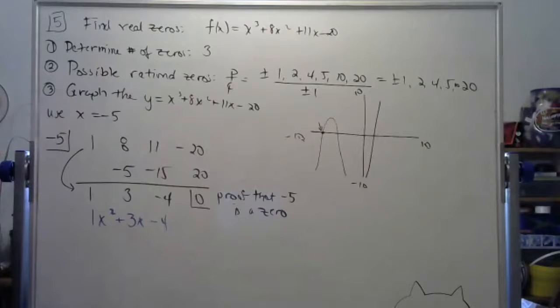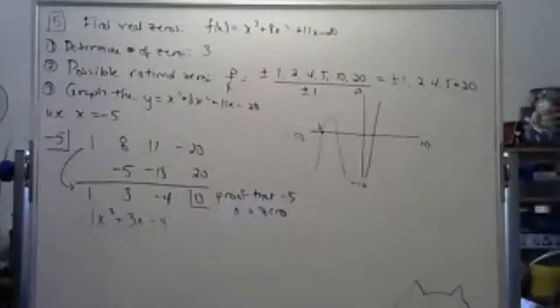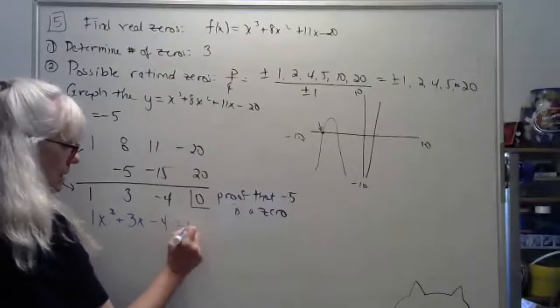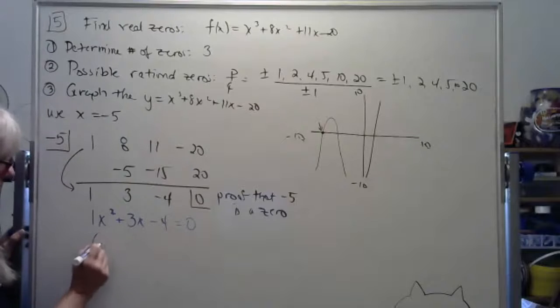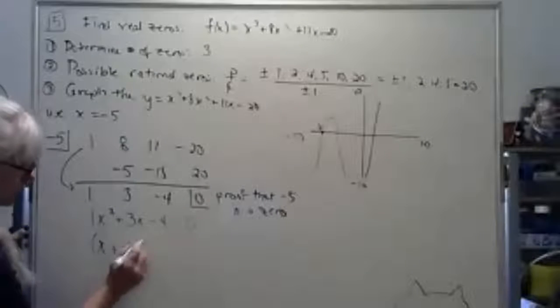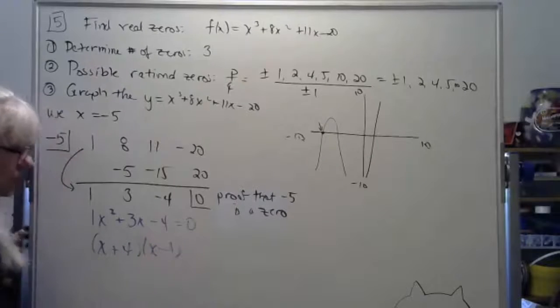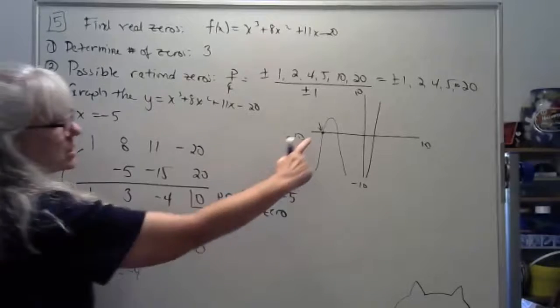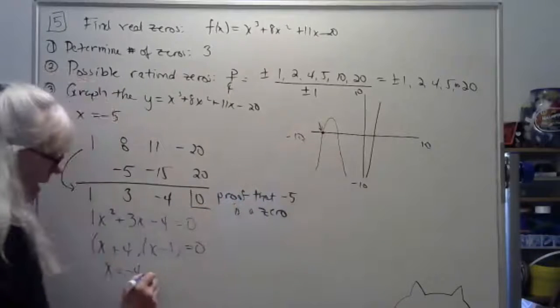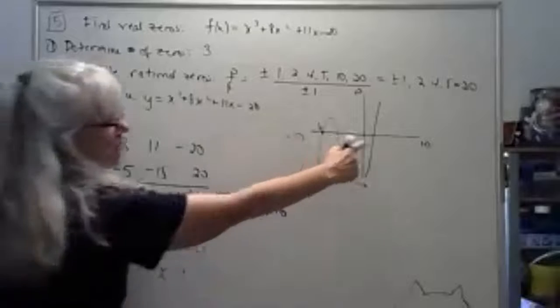That's a quadratic, and at that point it can get set to 0. You can either factor or use the quadratic formula. Factoring is quicker, so I'll factor. This factors into x plus 4 and x minus 1. So I know that x equals -4, which is this next 0, and x equals 1, which is the other 0 sitting over there.